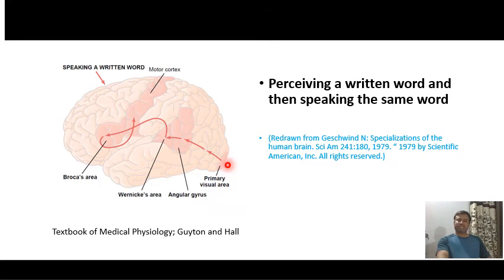So the primary visual area is active here, and it gives the information to the Wernicke's area, where we can understand what we have seen. And from the Wernicke's area it goes to the Broca's area, and through Broca's area the response or speech comes, and that goes to the motor cortex. So in this way, this is the path of perceiving a word and then speaking the same word or other things.